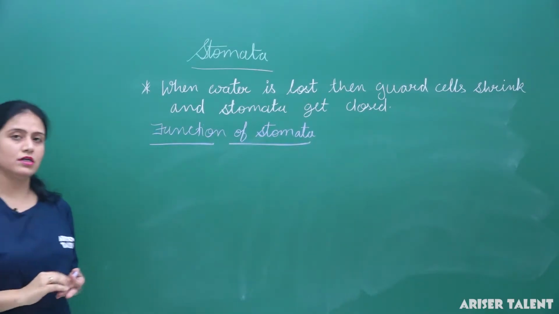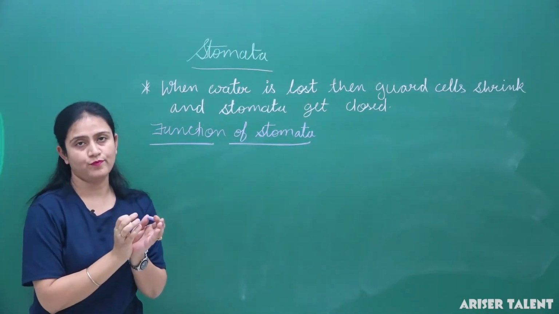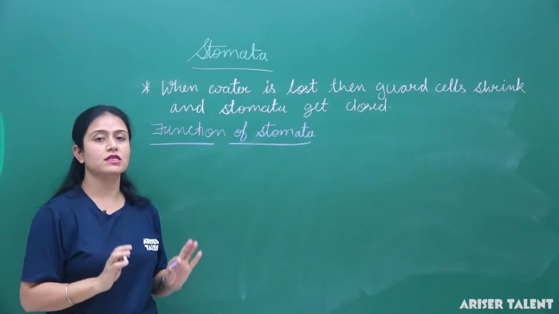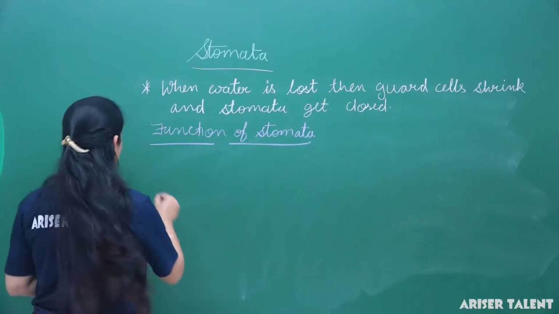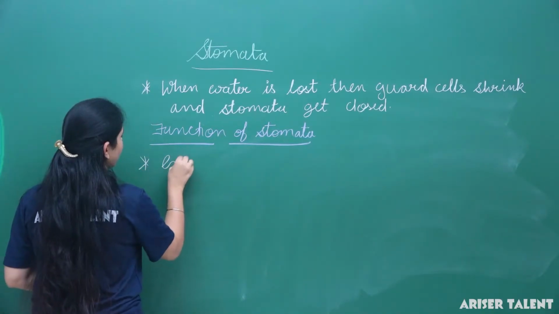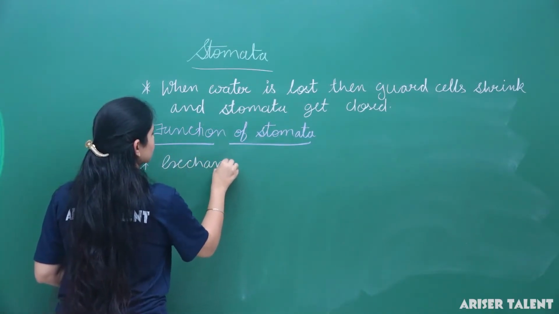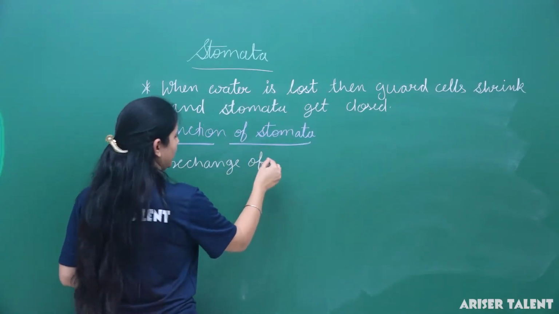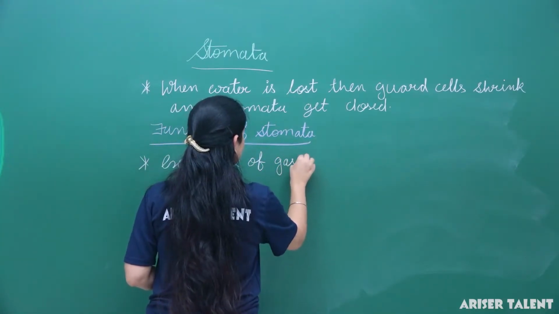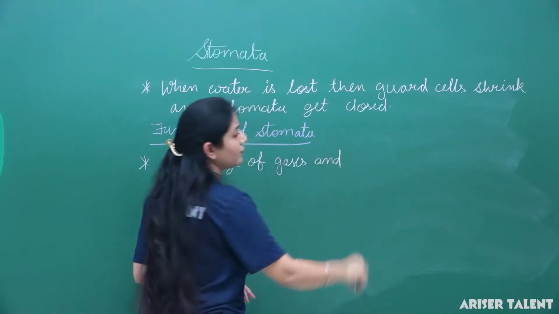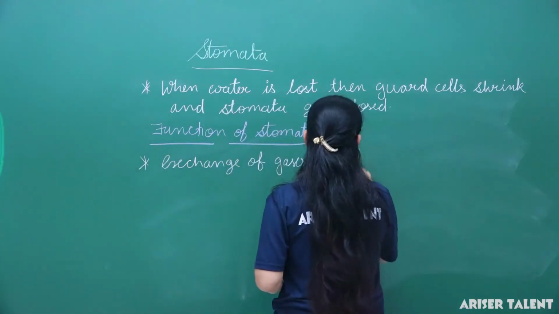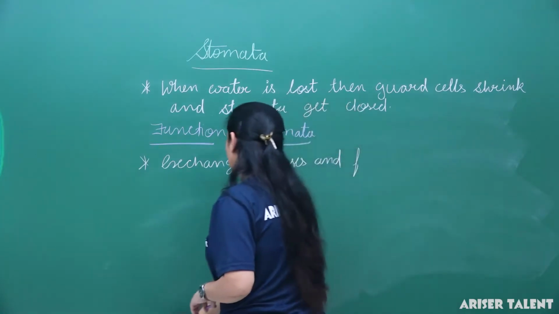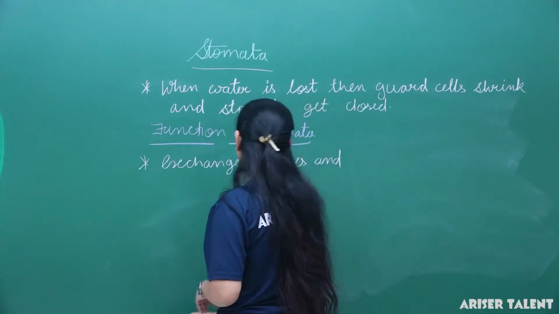As I told you, the stoma is a pore covered by guard cells. So this pore helps in the exchange of gases. So the first function is exchange of gases, and it also helps in photosynthesis.